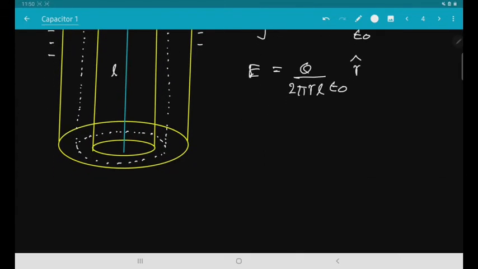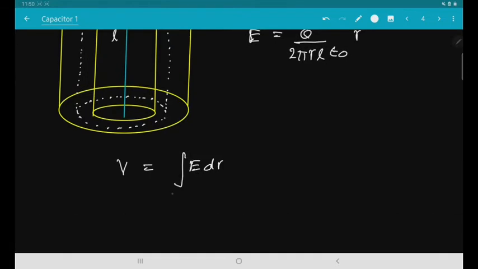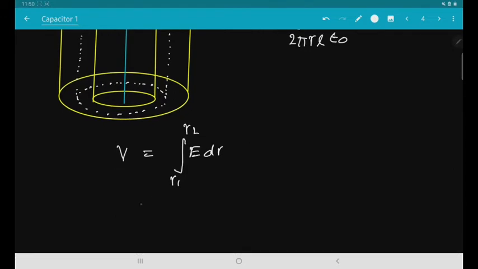Now from this we can find the potential, as we have understood that we can take the positive sign if we are moving in the direction of the electric field. So we will be moving from R1 to R2. Let us put the value of electric field here.